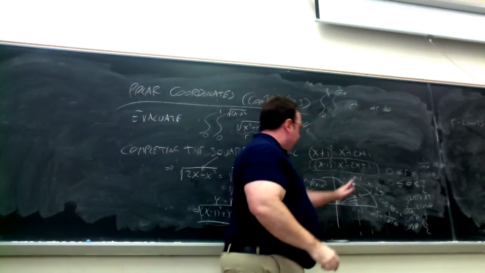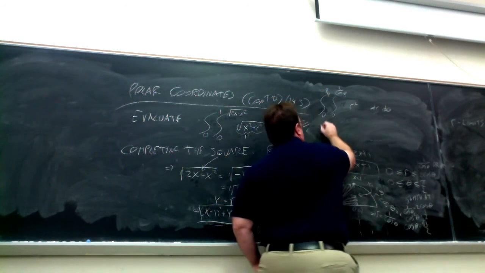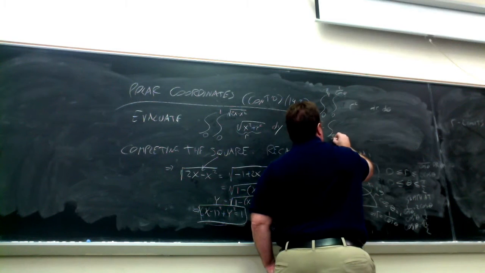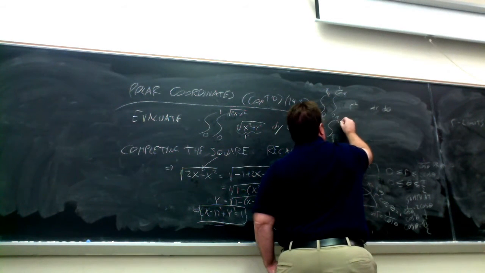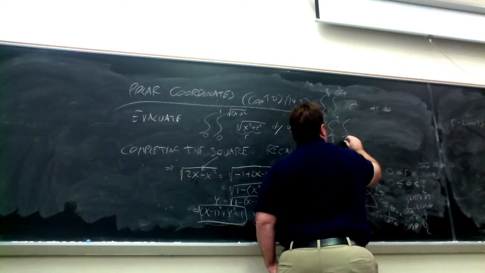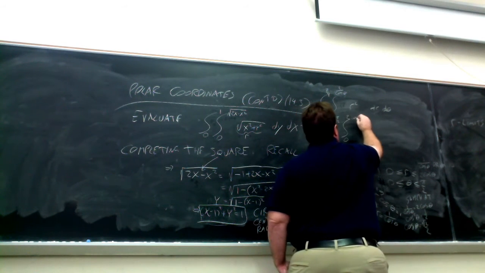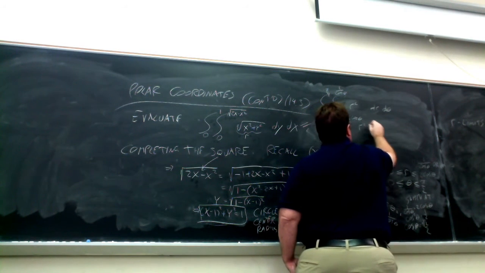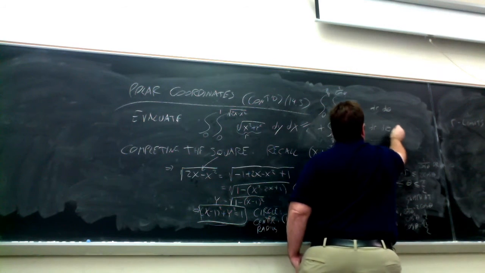That's for this first part. And then for the other part, it's from pi over 4 to pi over 2 in theta. And then we go from 0 to 2 cosine theta, r squared dr d theta.